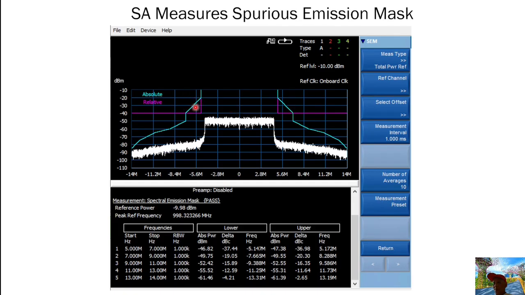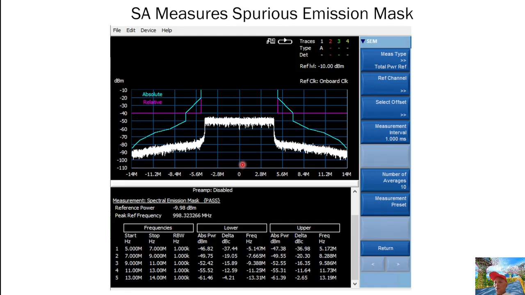Here is 5, 7. Then the RBW is all put in 1 kilohertz. Similarly for other points, from 7 to 9, 9 to 11, then 11 to 13, and then I put another one, 13 to 14 at both sides.